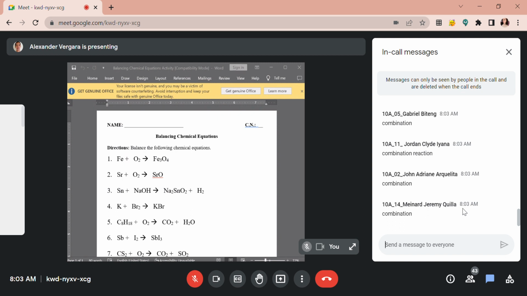So the answer in number 1 is combination reaction. Teacher, what if I put only combination? Correct. Teacher, can we put only reaction? Wrong. Because all of that is reaction, but you have to identify what type of reaction it is. So number 1 is combination. Very good.